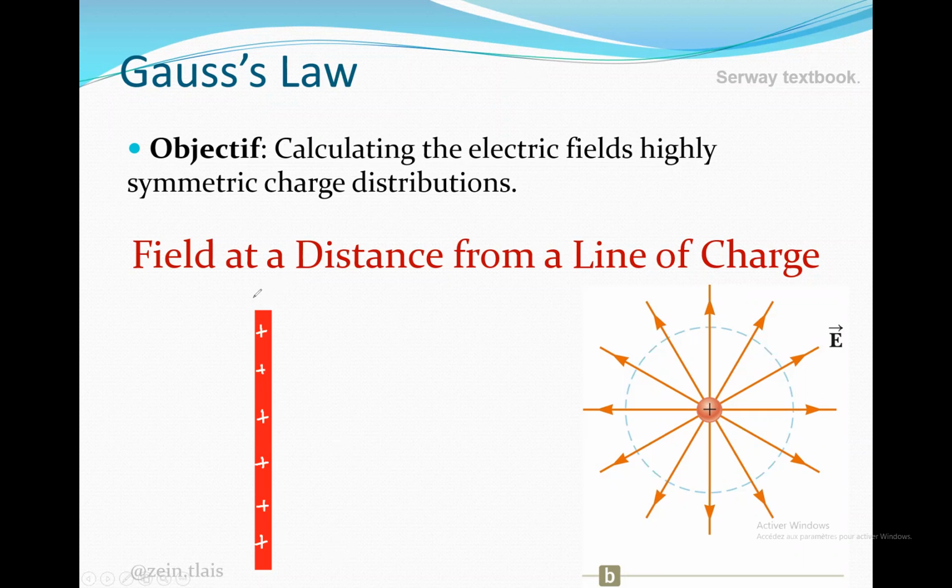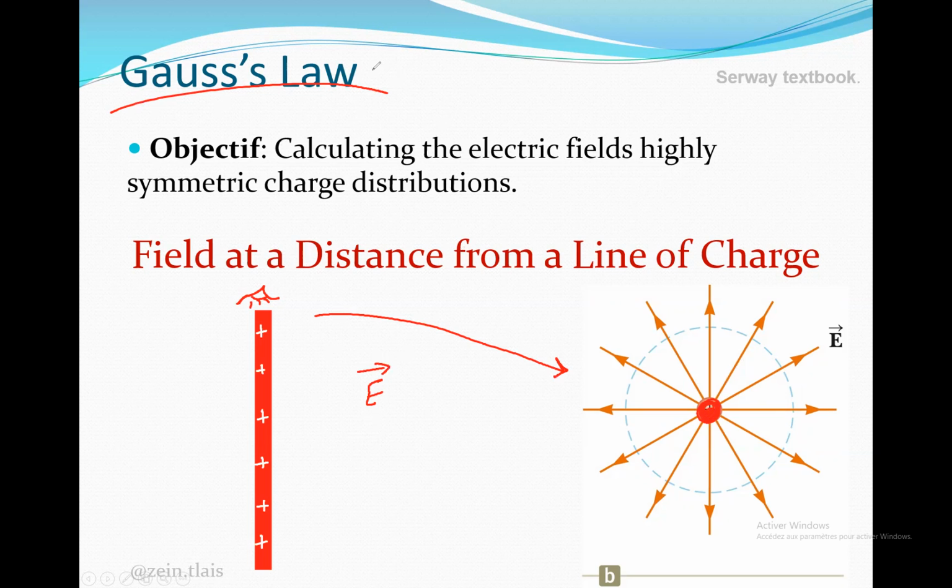If we look from the top, if we have a top view, we can see the emission of the electric field here in this figure. You see here is the line from the top and the emission of the field in all directions, and we see that this emission is symmetric. So in this case, we can use Gauss's law to calculate the field.